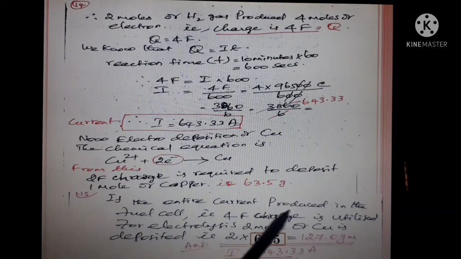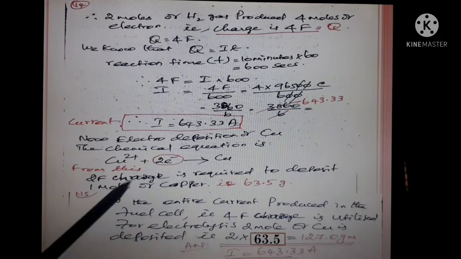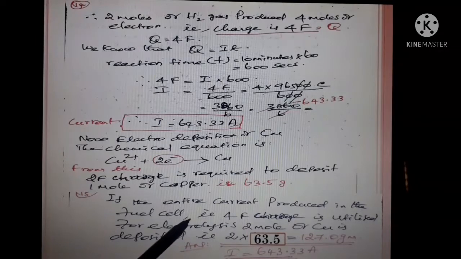So the current produced in the fuel cell, 4 Faraday charge, is utilized for electrolysis, and 2 moles of copper are deposited.